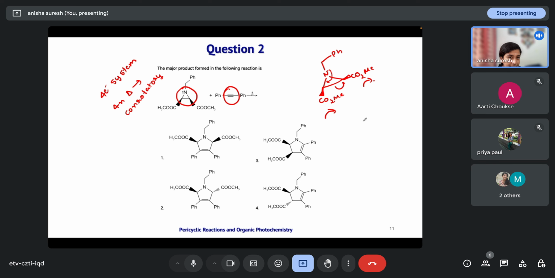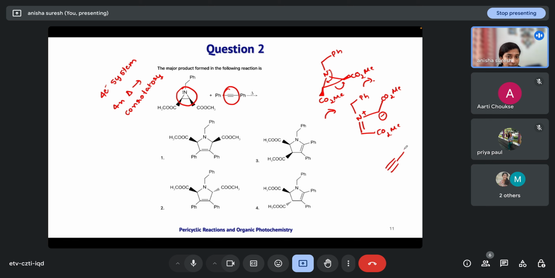This will be going outside. N plus, Ph, CO2Me. So it will be a dipole in this fashion, right? A dipole in this fashion will be formed.